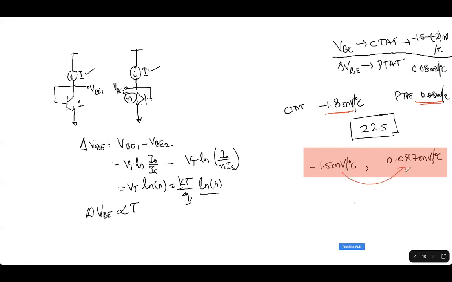If the ratio difference is 17.2, meaning CTAT is 17.2 times bigger than the PTAT, the slopes of CTAT and PTAT are 17.2 times different. Hence, if I have to get a constant voltage, Vout, what I have to do is add VBE plus 17.2 times del VBE.